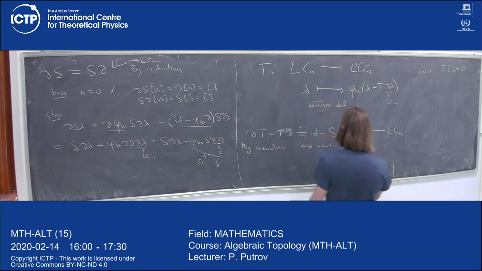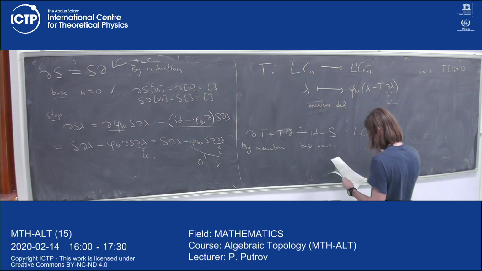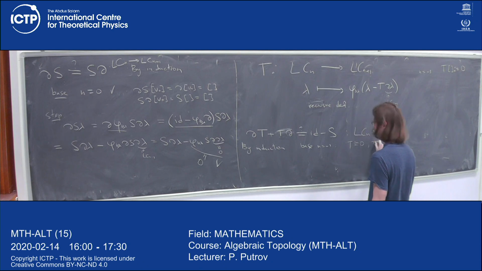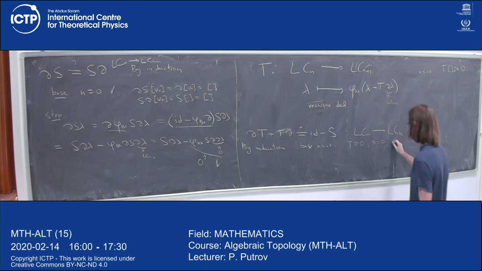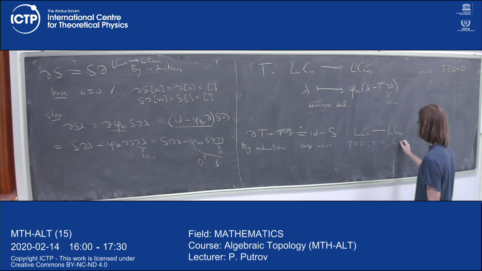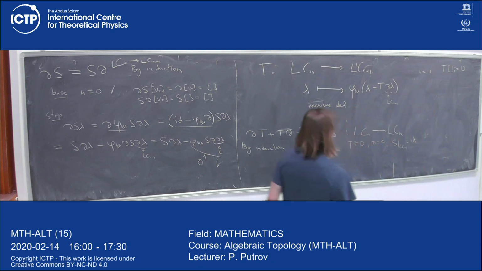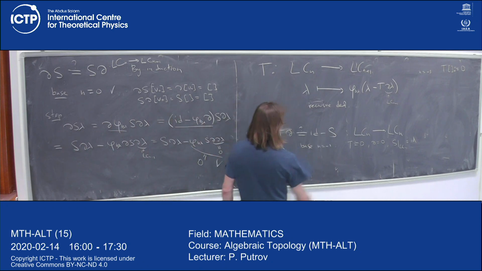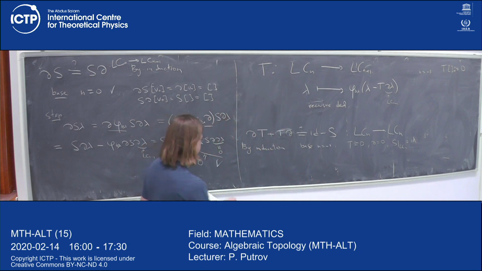Well, t equals 0. We know that t is 0, d is 0, and we know that S on LC -1 is identity. So this is just 0, and this is also 0. So the base is fine.